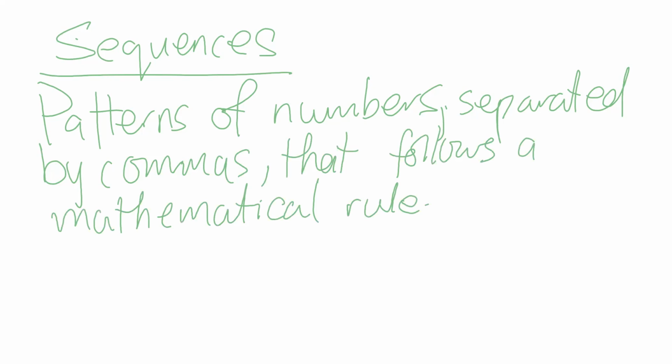So when we say follow a mathematical rule, you're going to have to add something or subtract something or divide something in order for you to realize your pattern, right? So for example, we have a pattern here.